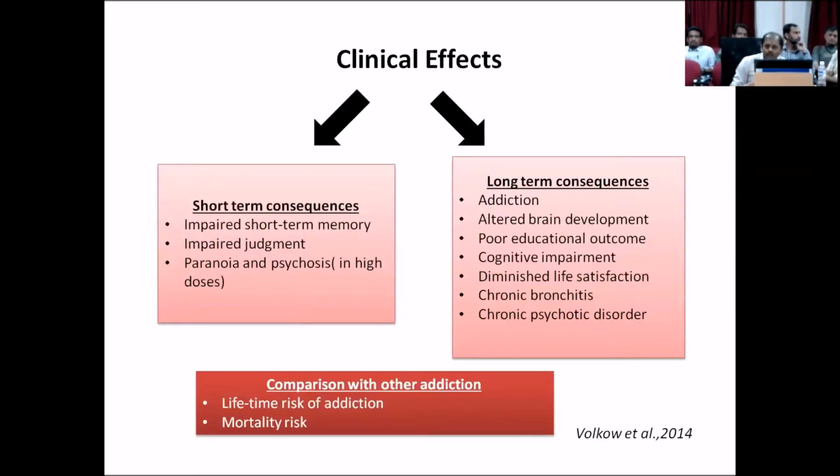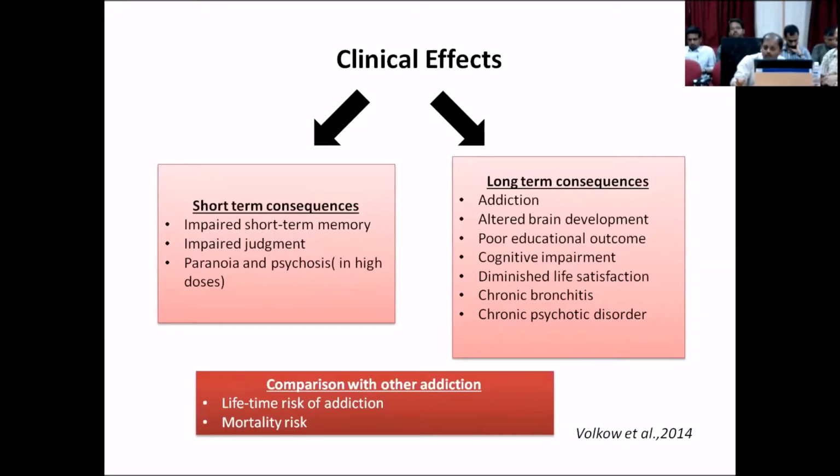So here I have just summarized the clinical effects, like impaired short-term memory and impaired judgment. This impaired judgment is very important in the clinical field because often with impaired judgment, there may be high-risk behaviors by adolescents giving rise to numerous problems. Often this altered brain development may lead to long-term consequences like poor educational outcome and decreased life satisfaction, leading to overall poor quality of life.